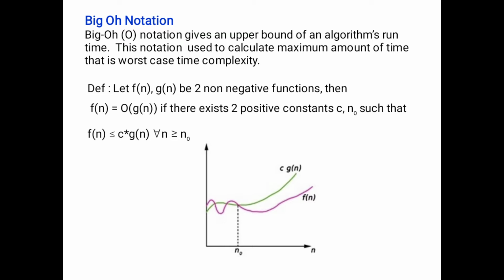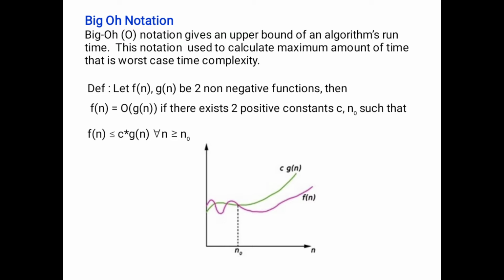So big O notation is specifically used for the purpose of the worst case algorithm, that means the maximum amount of time taken to complete the algorithm. So that is the worst case time complexity.